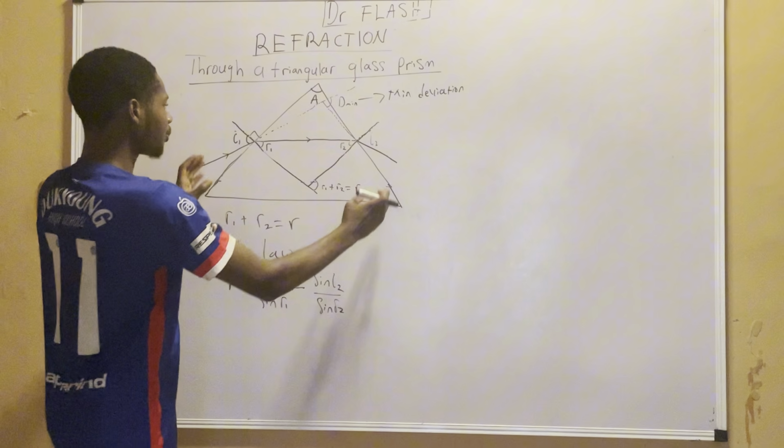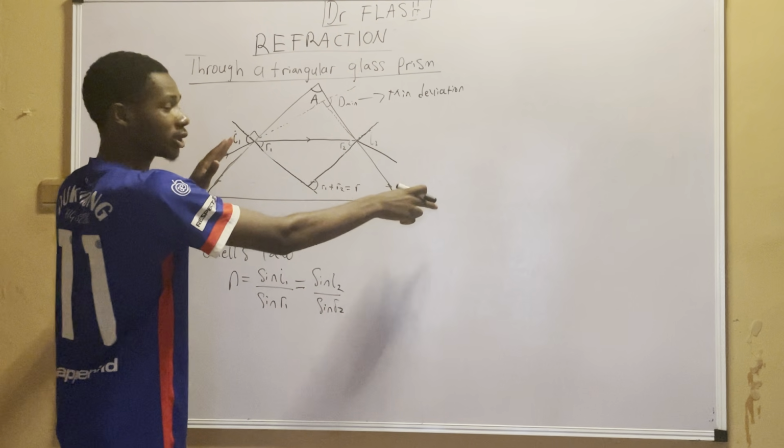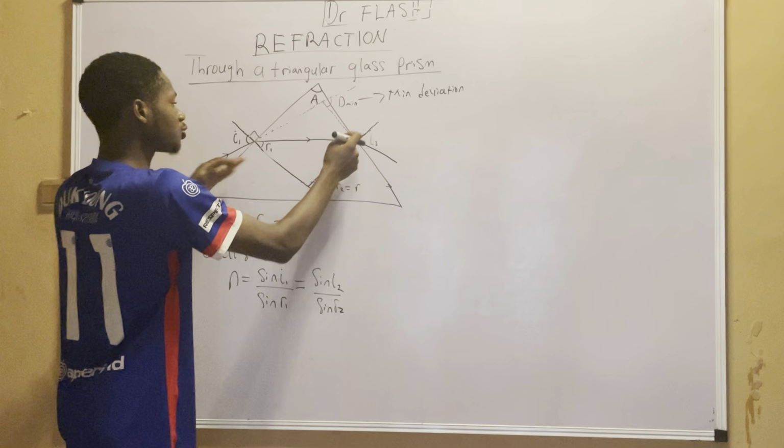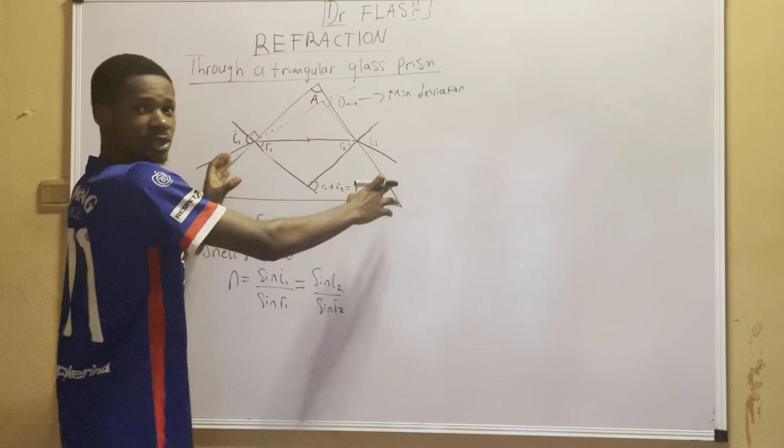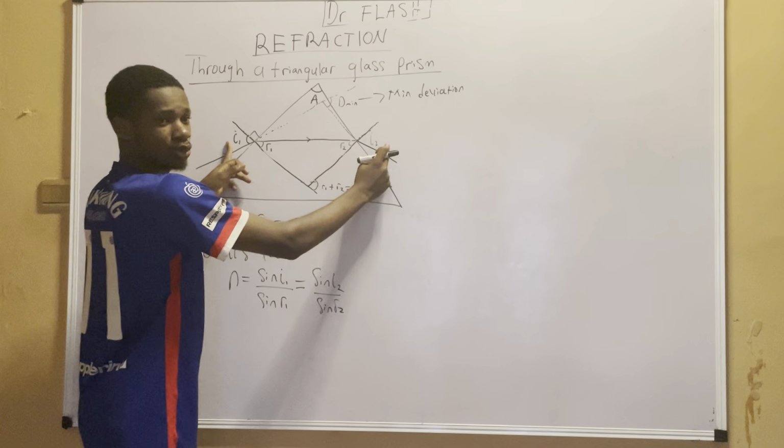Now, if you notice, this diagram is kind of symmetrical. If a light ray comes here, it passes through and emerges here. If it comes here, it passes through and emerges here. So since both sides are symmetrical, R1 and R2 are equal, I1 and I2 are equal.